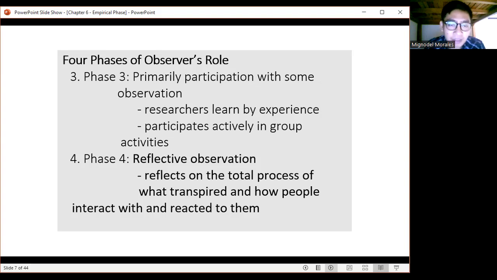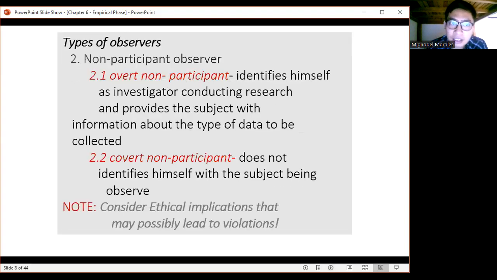The last, phase four, is reflective observation. Now you have data regarding your observation and your interview, and you do your reflection. What is the effect on you as an observer or researcher? Another type is the non-participant observer. You do not participate; you are only observing their practices.